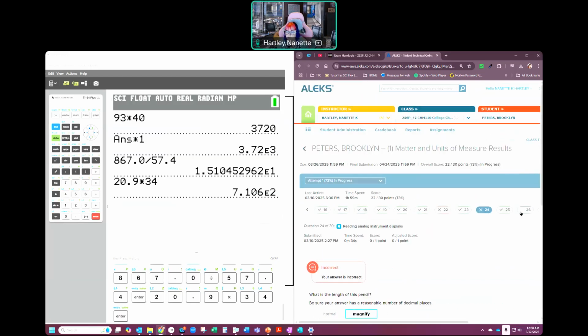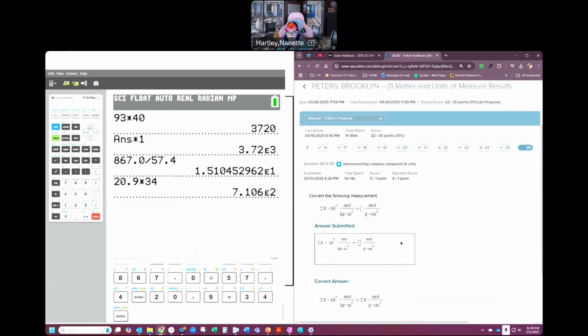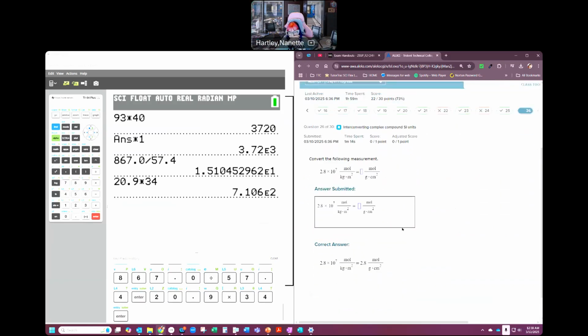Take a look at 26. So 2.8 times 10 to the 7th mole per kilogram times meter squared.